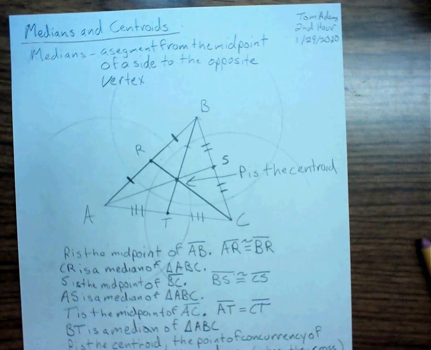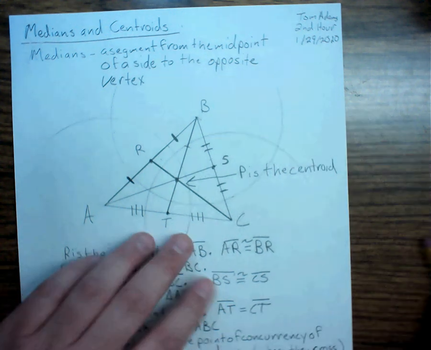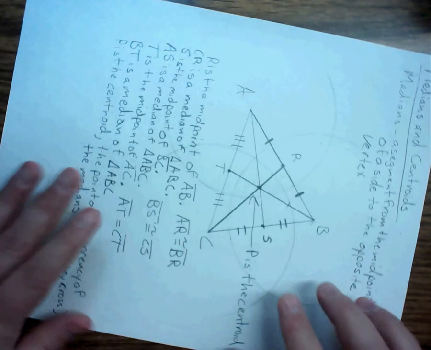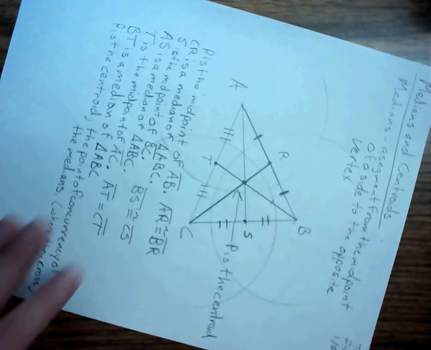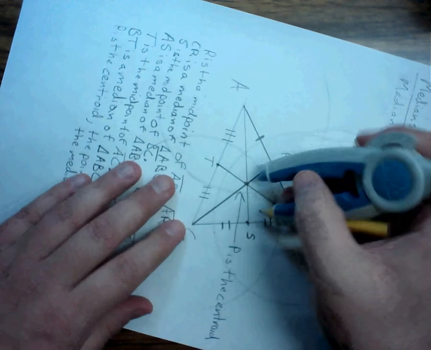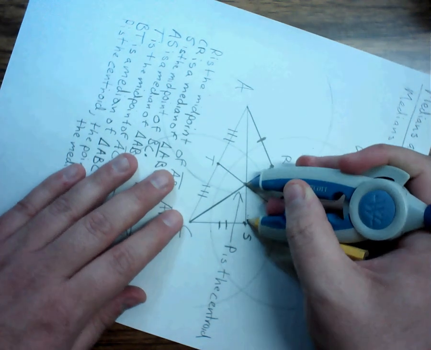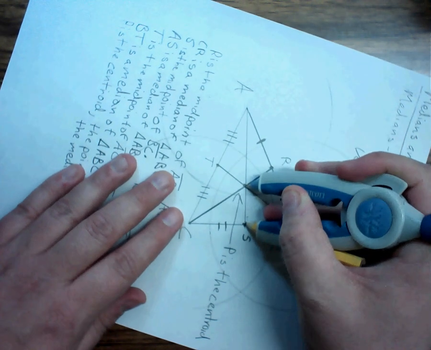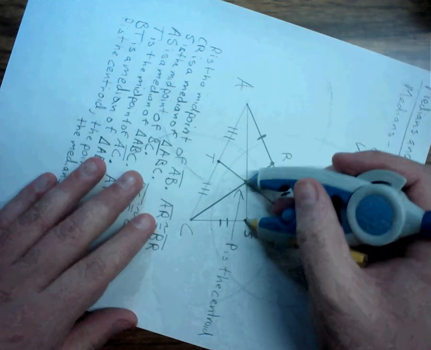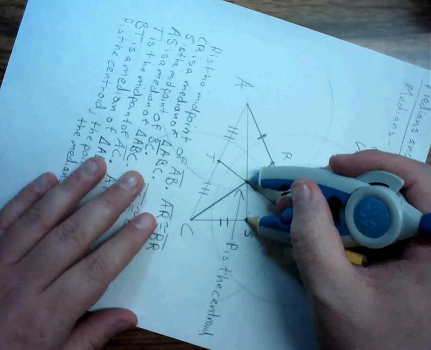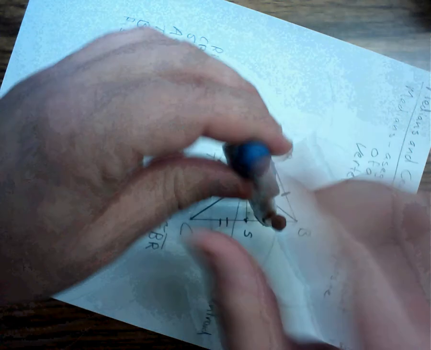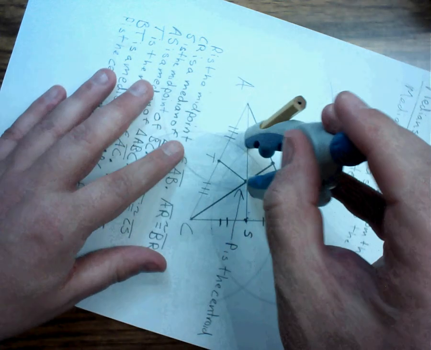I wonder if that happens with the other sections. Turn your paper sideways. I'm going to take my pointer, put it at the centroid, and measure the pencil from point P to S. Then I'm going to rotate it around and make a little mark right here.